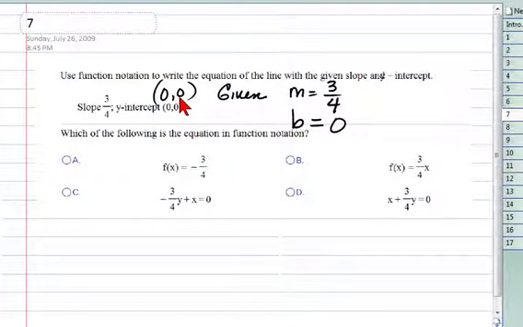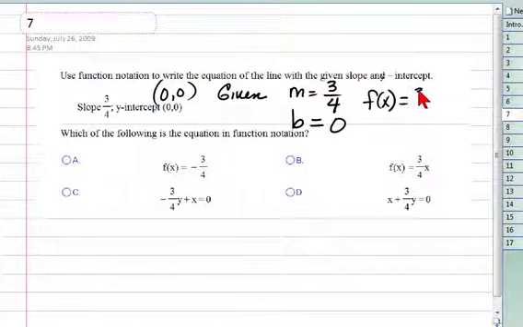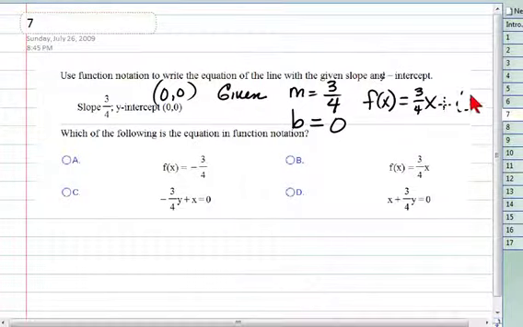It's b. So if I don't look at these choices, if all I do is think about the line, it will be f of x, or y, equals what? 3/4 x plus 0. But would anybody write plus 0?